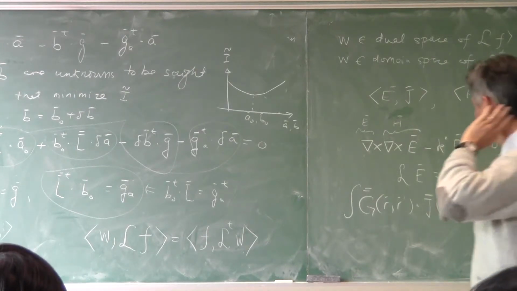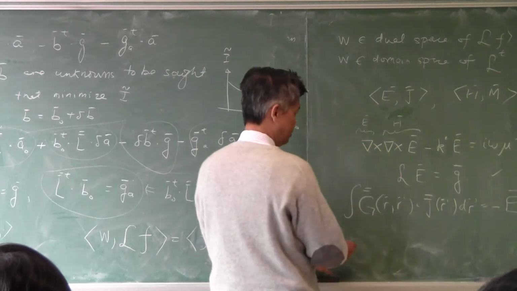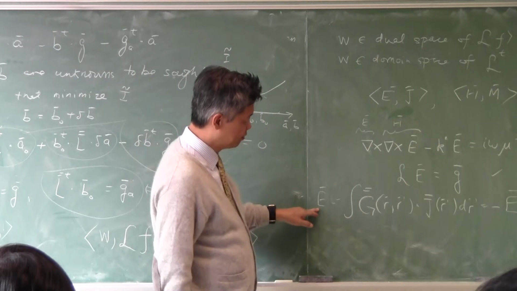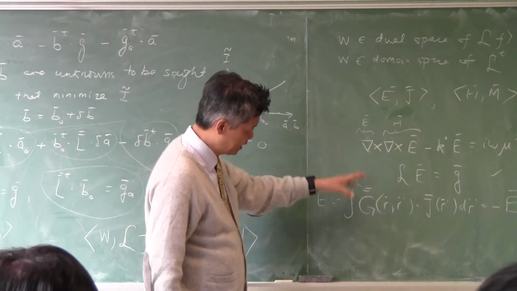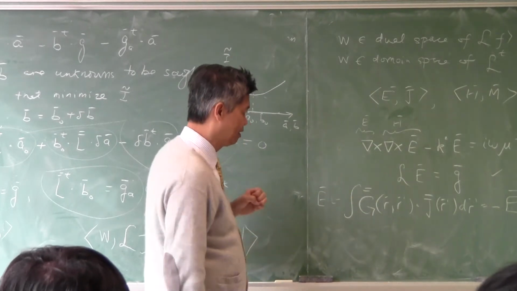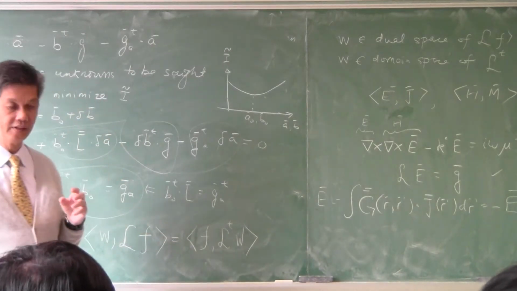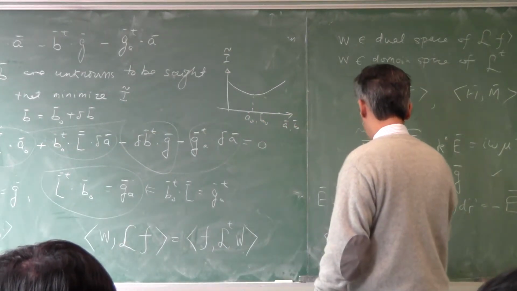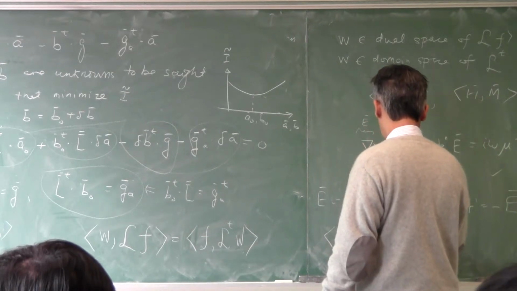This gives you E field. So this is curl conforming, and you have to test it with this dual space, which means that you have to test it with divergence conforming basis. So you have to form a variational expression, something like this.